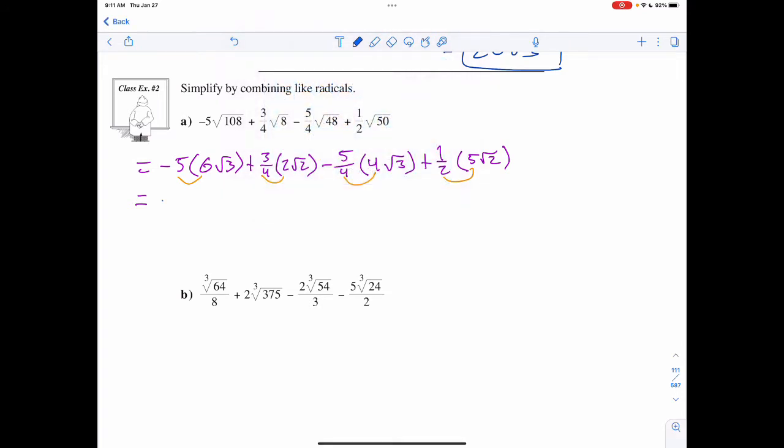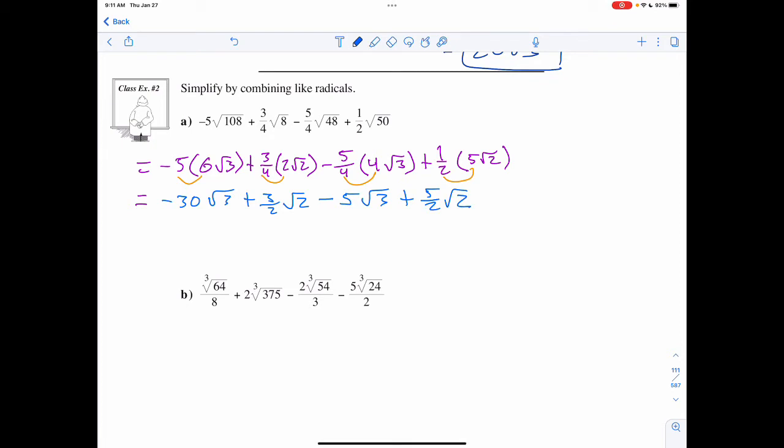And this is going to give me -30 root 3s plus 3/4 times 2 is 6/4, or 3/2 root 2s, minus 5 root 3s when I multiply that out, 5/4 times 4, plus 1/2 times 5 is 5/2 root 2s.